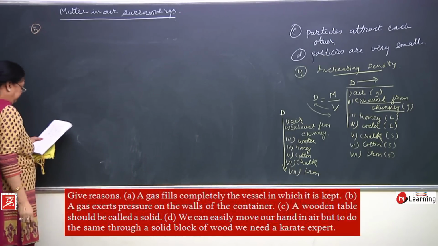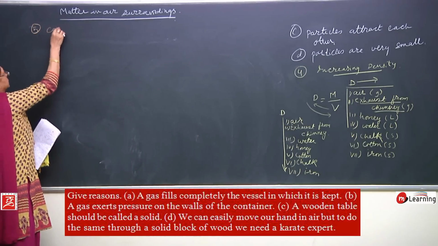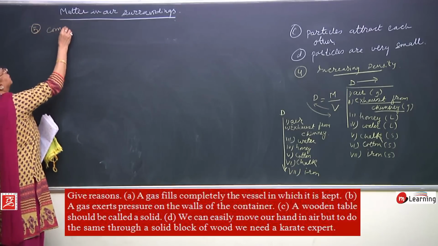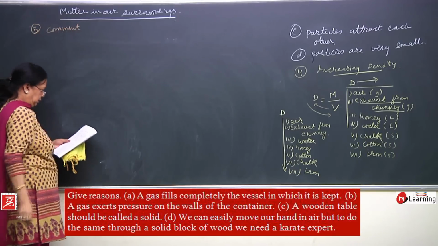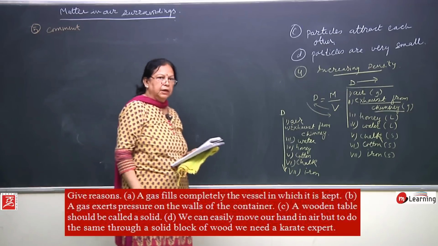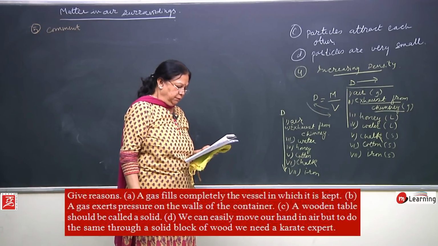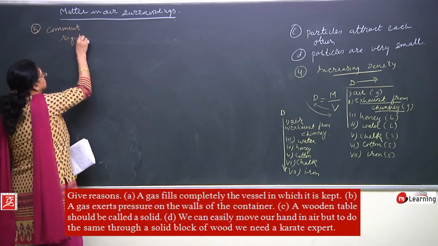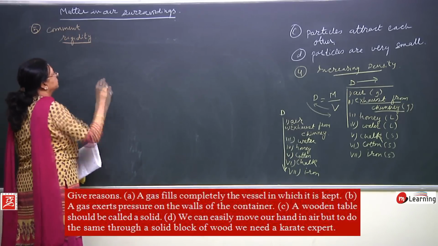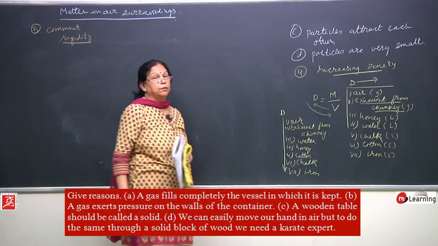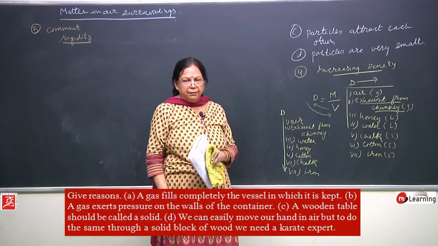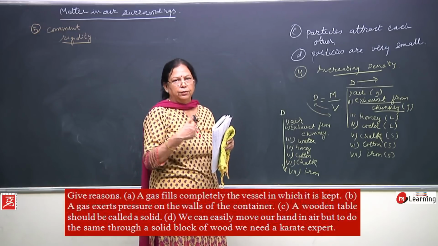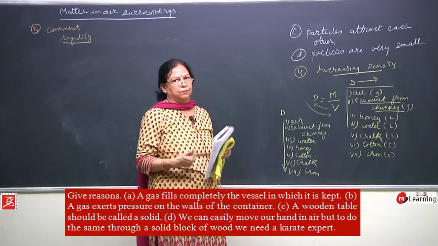Problem number 5: comment upon the following. First is rigidity. This word rigidity has come from rigid. Rigid means stubborn, you can say; you are trying to move it, but it is not moving.